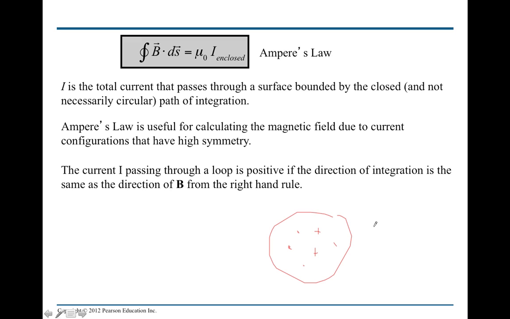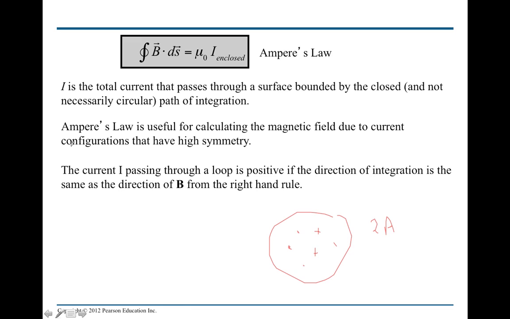Minus 2 is in, so 4 minus 2, the enclosed current will be 2 amps in this case. So if this is my Amperian loop, and these guys are in, so negative, and these 1, 2, 3, 4 are currents out, so these are parallel lines, and then the net or enclosed current will be equal to 2 amps in this case.